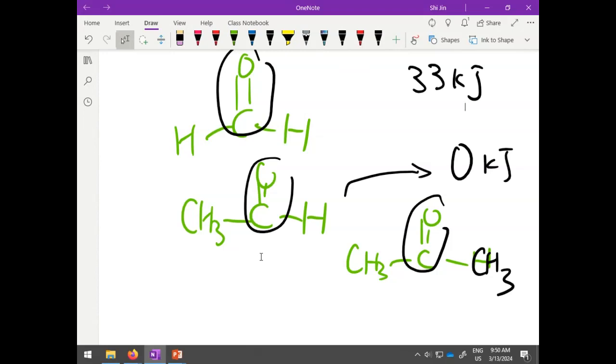And then the bottom one will be minus 33 kilojoule per mole, because of the one additional alkyl group increasing stability of the carbonyl by roughly 33 kilojoule. So the stability difference of the ketone and the formaldehyde is like 66 kilojoule. It's a very large difference.